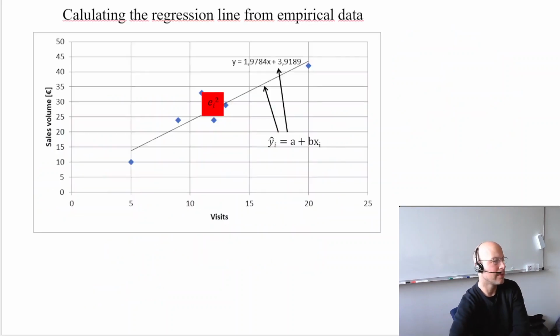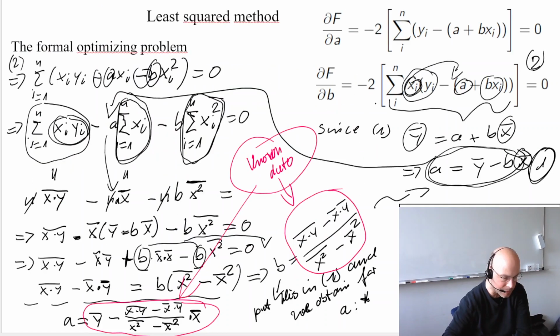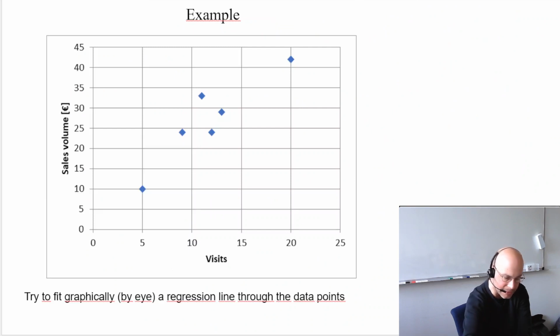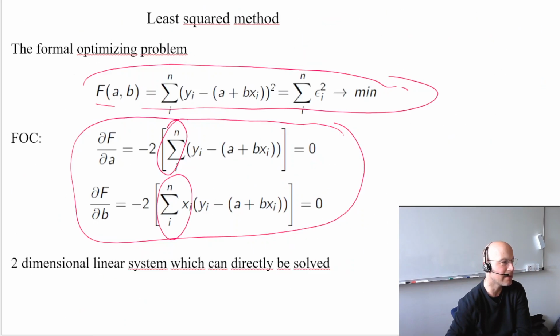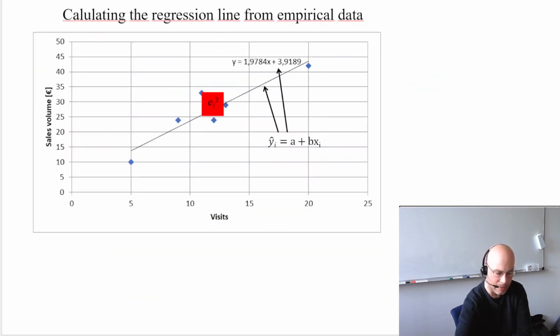So then what we more or less do, and this is the picture of our example here, is take these two formulas we have obtained from our optimizing process and calculate A and B. We obtain for B 1.97, and for A 3.91.